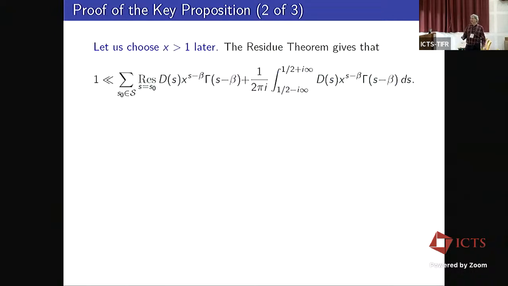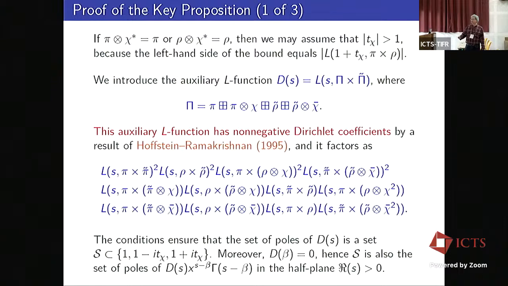Anyways, now a standard application of the residue theorem, having in mind that our auxiliary function has non-negative coefficients, actually yields this upper bound. Here, the second integral can be estimated by the convexity bound for D(s). So the convexity bound for D(s) comes from all the convexity bounds for all these factors.